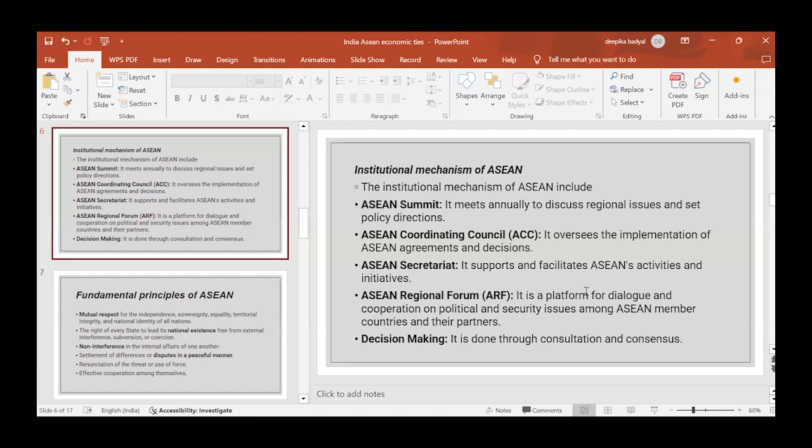Then comes the Secretariat, as we talked about. It is located in Jakarta, and it supports and facilitates ASEAN's activities and initiatives. ARF, we have just talked about. It is a much larger program, and it is not just confined to the ASEAN members, but it is also extended to the other countries. And their decision making is done through consultation and consensus.